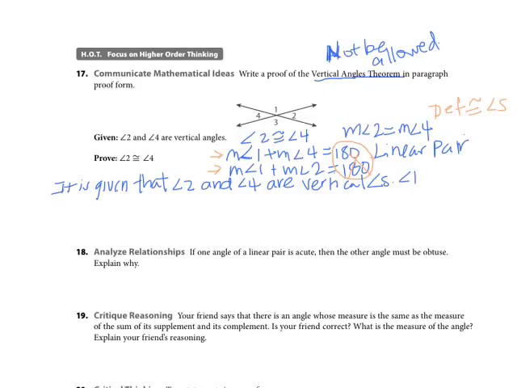Angle 1 and angle 4 are a linear pair, as are angle 1 and angle 2.